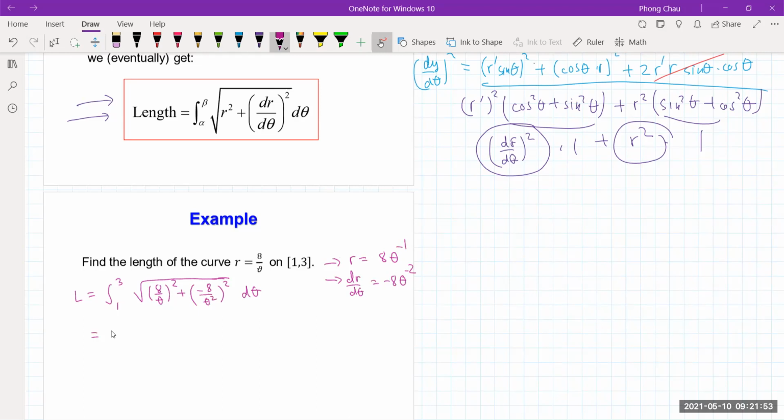All right. And then if you want to clean up, from 1 to 3, square root of 64 over theta squared plus 64 over theta to the 4th, d theta. I don't think we could do it by hand, but I'll clean it up a little bit more. Notice that here we have 64 over theta squared common.